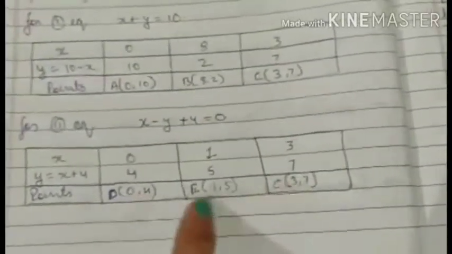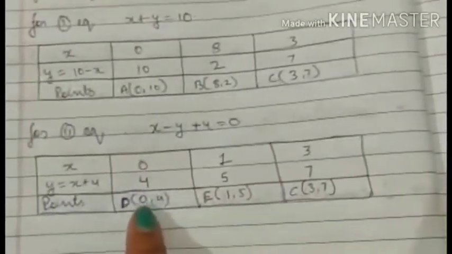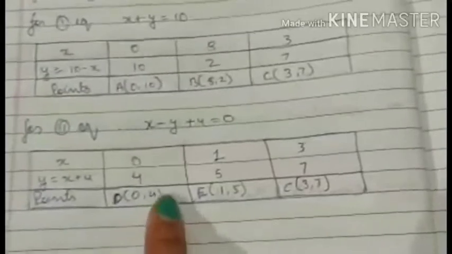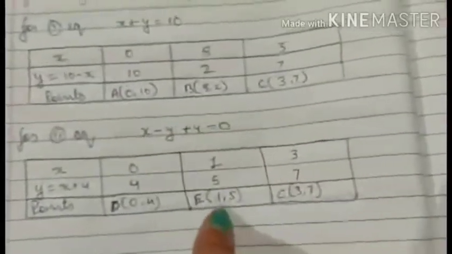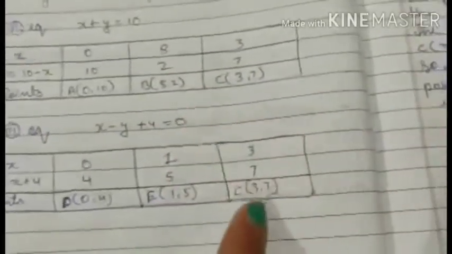Okay, and name the points of these values also. So D is 0, 4, means x coordinate 0, y coordinate 4, E is 1, 5, x coordinate 1, y is 5, and C is 3, 7. We have named it again C. Why? Because x is 3 and y is 7.